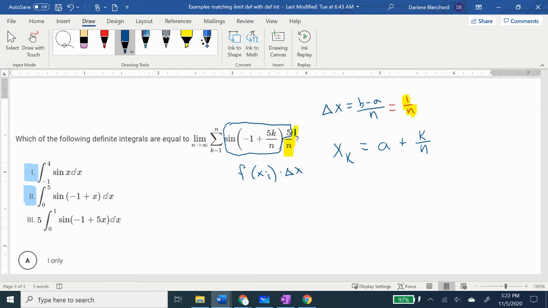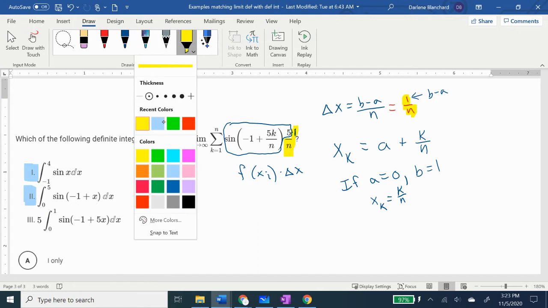If a is equal to 0, b has to be 1 more than that because b minus a is equal to 1.